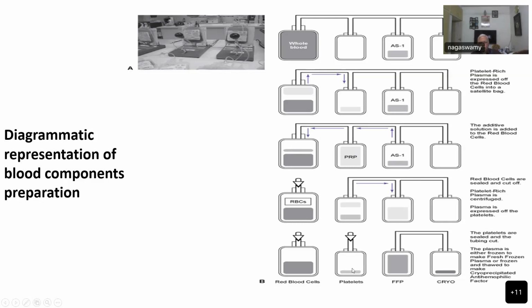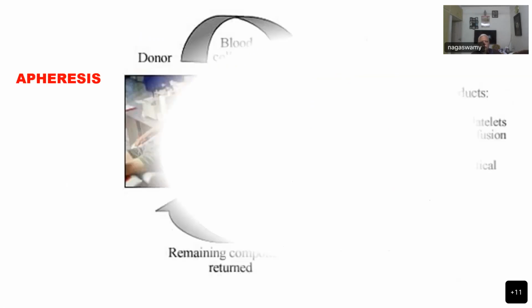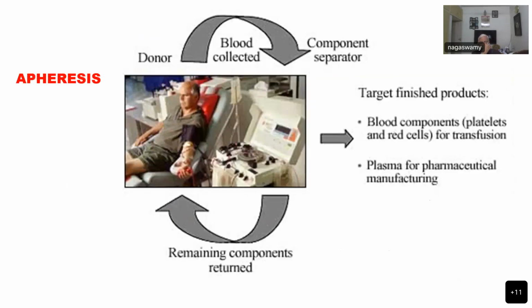In this final picture, you have separated the red blood cells, you have platelet concentrate, you have fresh frozen plasma, and you have cryo. All these are interconnected and they can be easily removed. And apheresis is nothing but donor blood is collected, then the components are separated, the target finished blood components and red blood cells, plasma for pharmaceutical manufacturing.